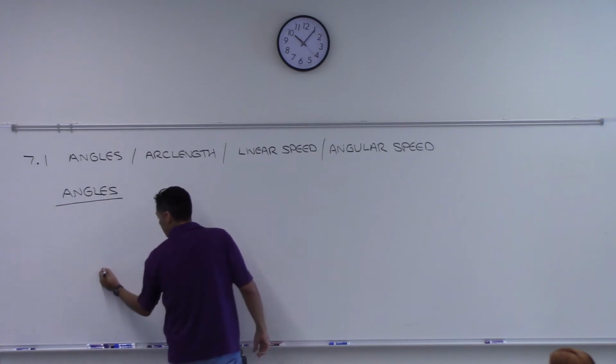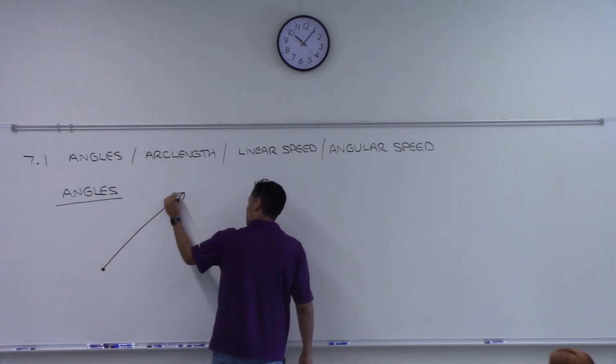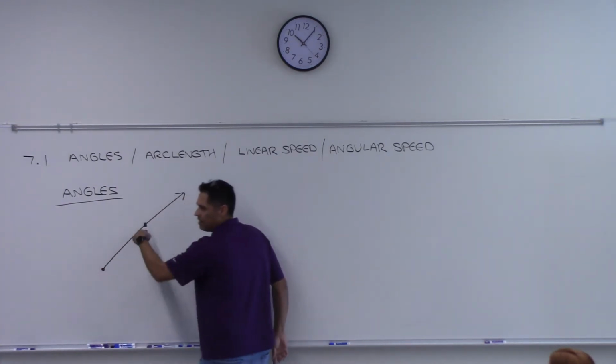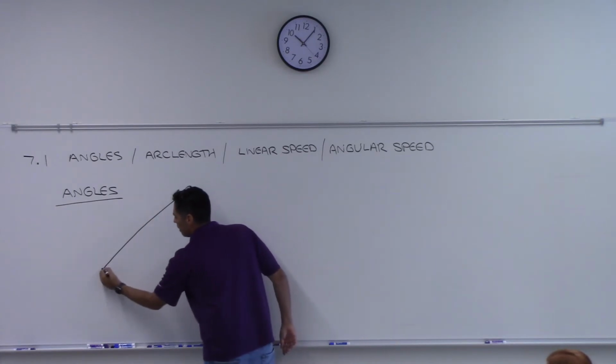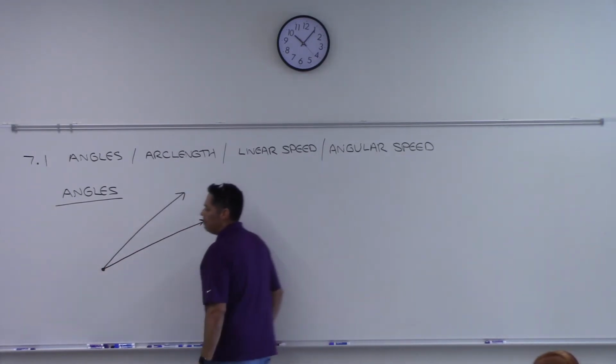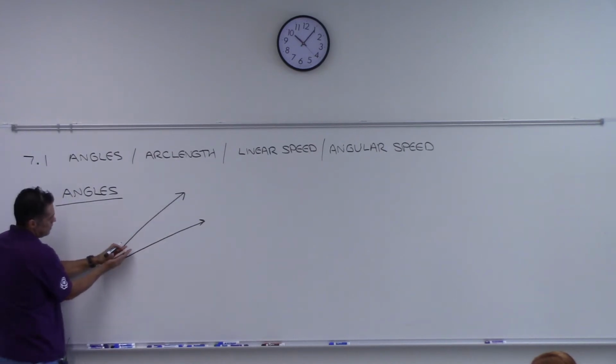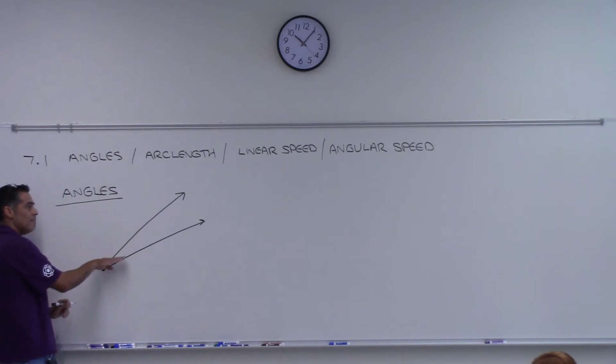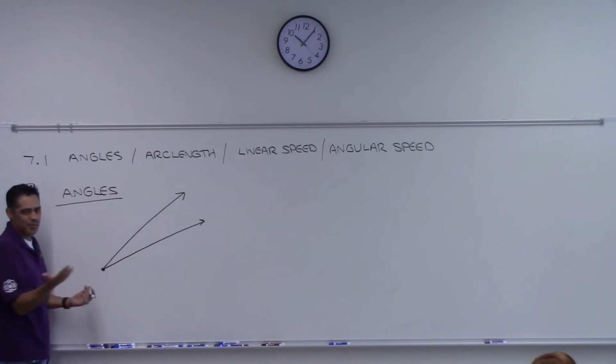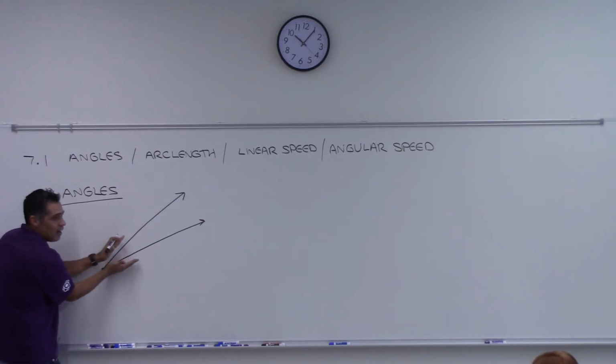If I draw a ray like this, and then draw a second ray that's not the same ray, like this, then by drawing those two different rays, I create this object between these two rays, and we want to somehow measure this. That's what we call an angle. This is our angle right here.